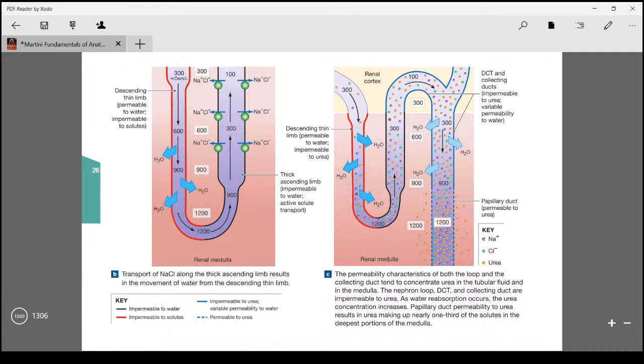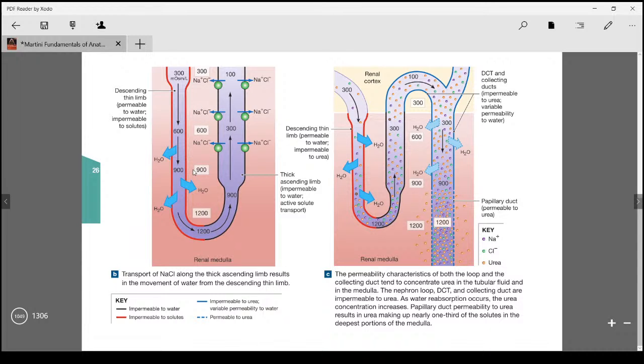In return, this creates a small concentration difference between the tubular fluid and the peritubular fluid in the renal medulla. The concentration difference results in an osmotic flow of water out of the descending thin limb into the peritubular fluid. The descending thin limb throws out water to compensate for this increase in osmotic concentration in the peritubular fluid, which happened because of the ions being pumped out from the thick ascending limb of the loop of Henle.